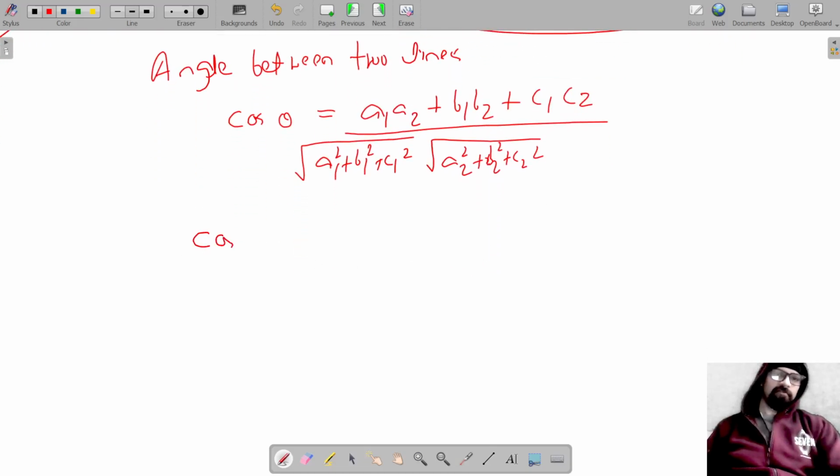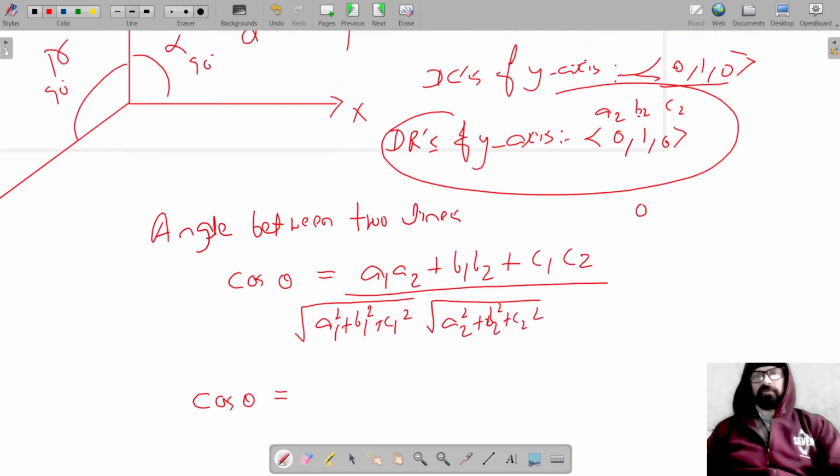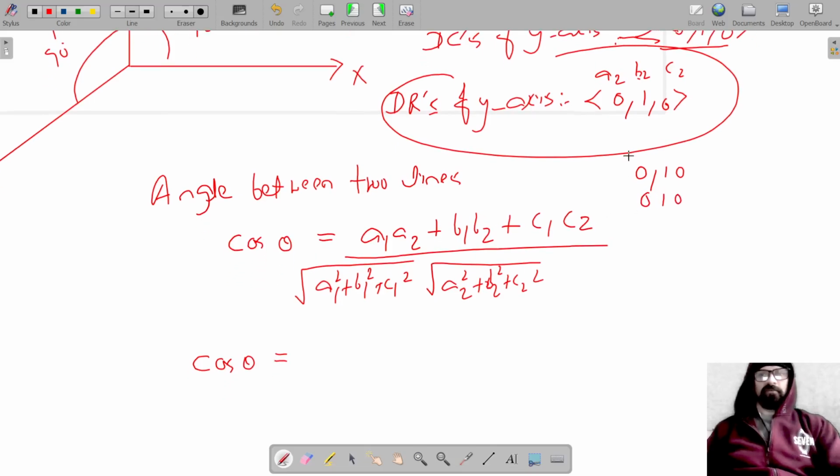So if I put their values in here, I have the direction ratios 0, 1, 0 and 0, 1, 0. So this is A1, B1, C1, and A2, B2, C2.